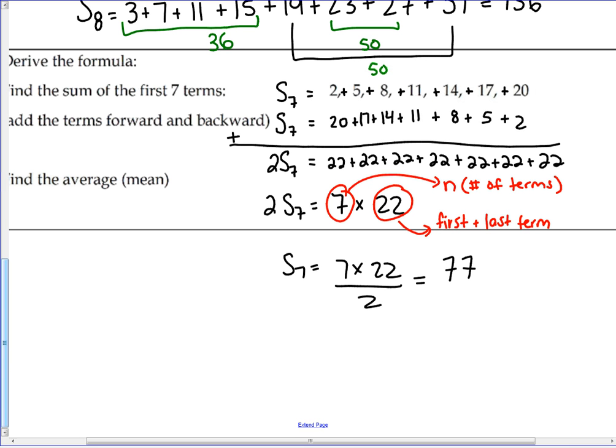Well, that's our formula. Our formula for finding the sum of n terms is equal to, so instead of 7, this was n, right? The number of terms. And I'm going to put the over 2 over here, times the first plus the last.